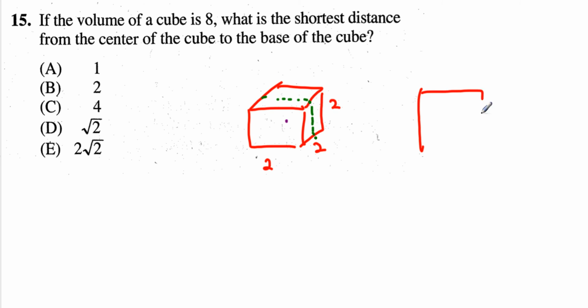You would have seen the square if you cut through that middle by the green line, and the center would have been right over here, while all the distances are equal to 2. And what the question is looking for is that distance. That distance will be the center to the base of the cube. Then that would be half of 2, so therefore our answer would be 1.